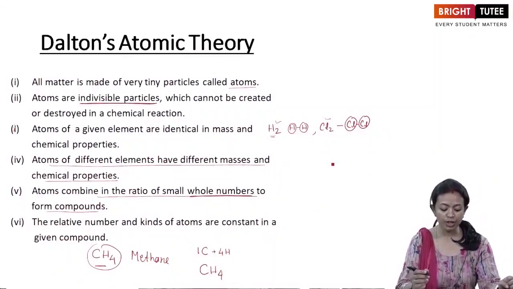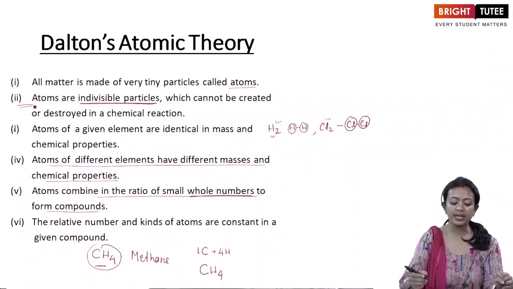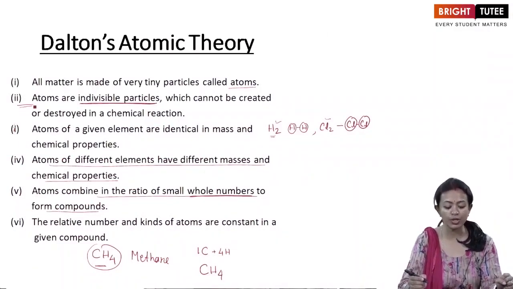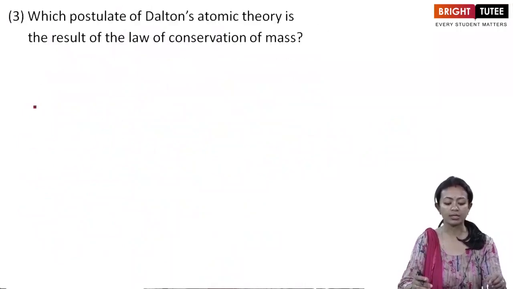The second postulate says atoms are indivisible and cannot be created or destroyed in a chemical reaction, because the law of conservation of mass also says that in a chemical reaction, mass can neither be created nor destroyed. So Dalton's atomic theory is in sync with the law of conservation of mass.